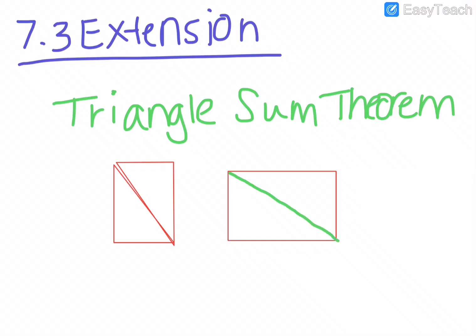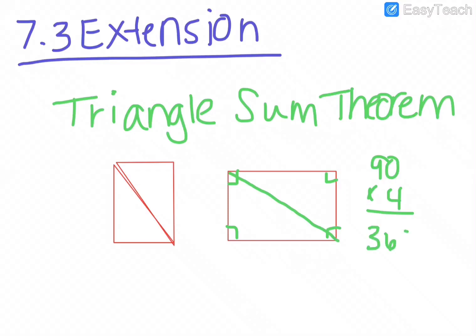So with that in mind, we know that a rectangle and a square has four 90-degree angles. So if we cut it in half, well actually let's go back for a second. 90 times 4, if we're talking about the sum of the angles in a quadrilateral, would be 360.